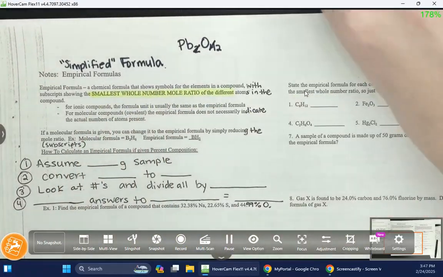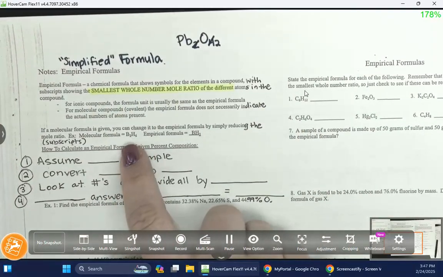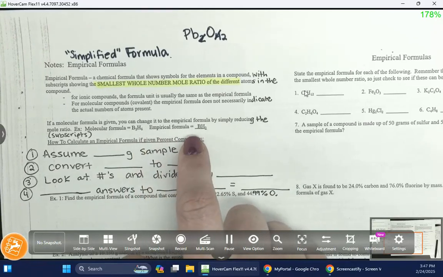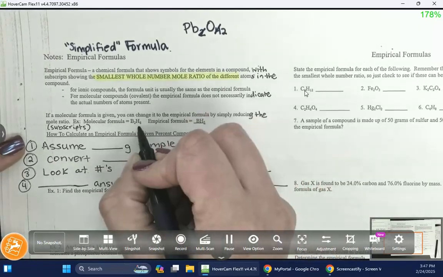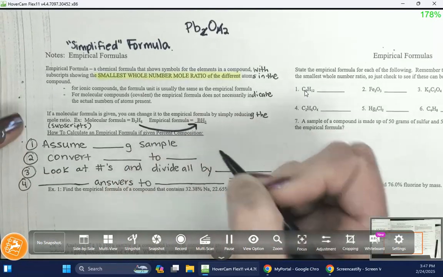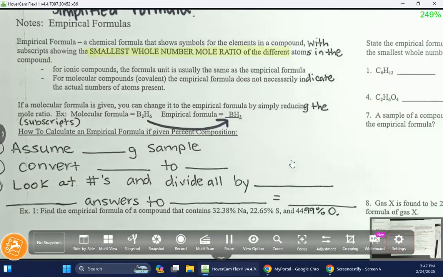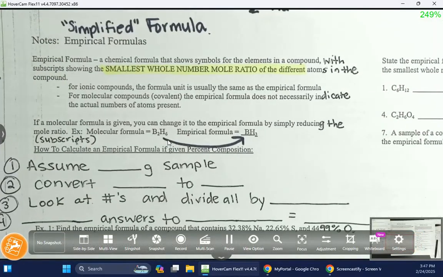For example, they gave us B2H6, and the empirical formula simplifies down to be BH3, and you get that by dividing each of those subscripts by the number 2. So that part's not overly challenging in my opinion.